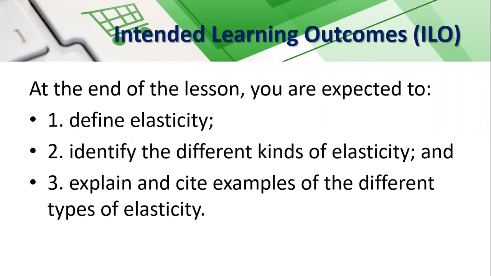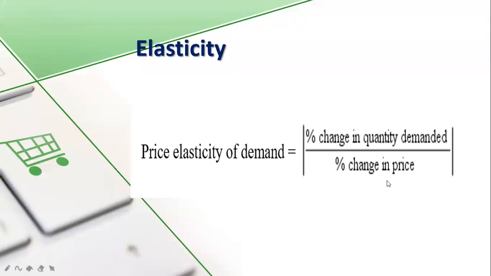Now let's go to the next slide. So, what comes to your mind when you hear the word elasticity? Look here. This is the formula for getting the price elasticity of demand. So, what is elasticity, class? Elasticity is a measure of the responsiveness of one variable, usually quantity demanded or supplied, to a change in another variable.